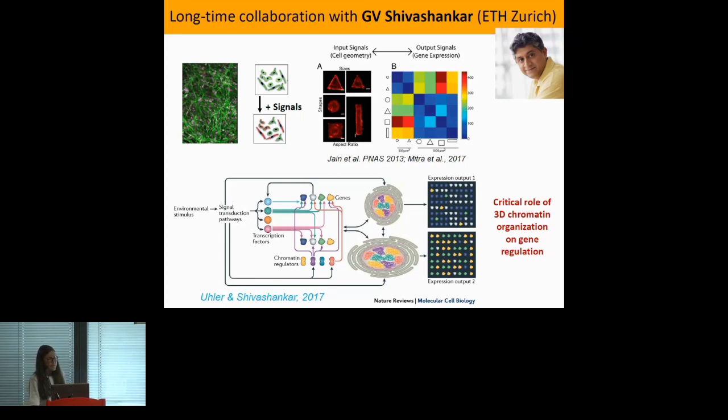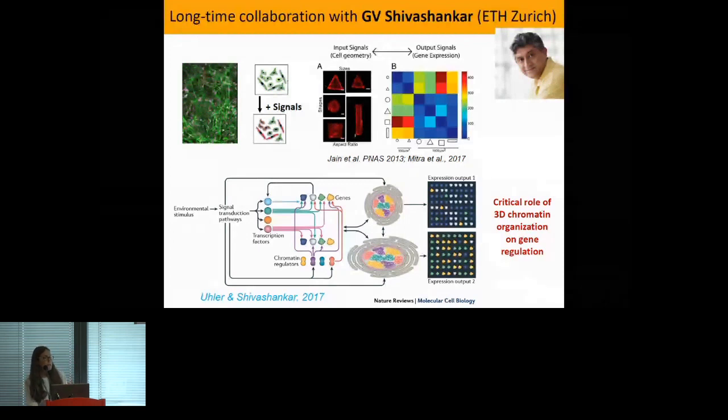He has done these really amazing experiments where you take the same cell, so everything is the same, and all you're doing is plating it onto different geometries. These cells, same cell, same signals, you can also do it without any signals, just plated onto different geometries, give rise to very different gene expression programs, so gene expression outputs.